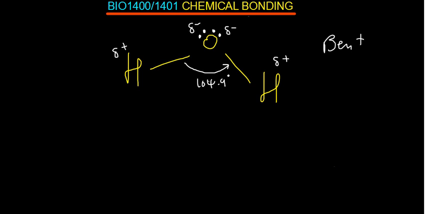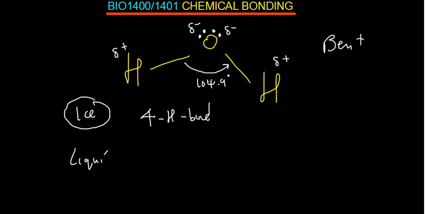Now, remember, water forms hydrogen bonds. In ice, water is going to form four hydrogen bonds with other water molecules. But in liquid water, water forms an average of 3.5 hydrogen bonds.